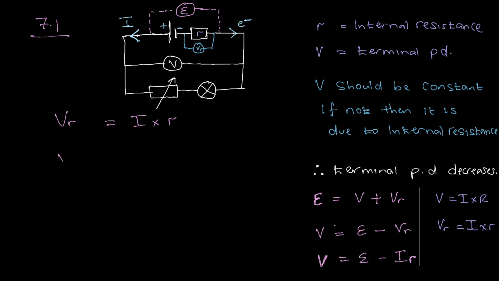So we also know that the terminal PD is equal to the same I times big R. Now if we take the ratio of these two, we know that the I's will cancel out, and so the ratio of the internal resistance voltage to the terminal PD will be equal to a constant, which is going to be little r over big R. And that is a large ratio, because if the terminal PD decreases, then that will be large.